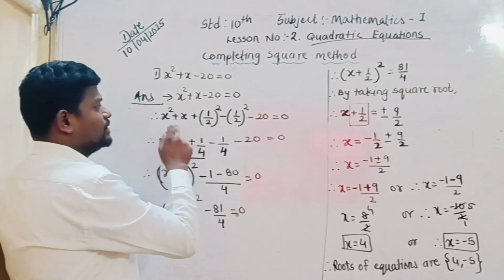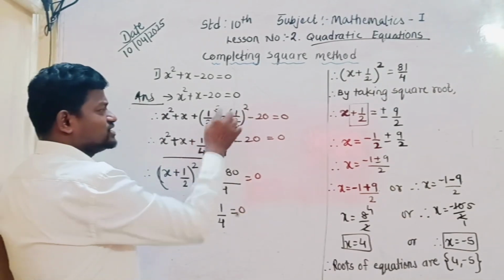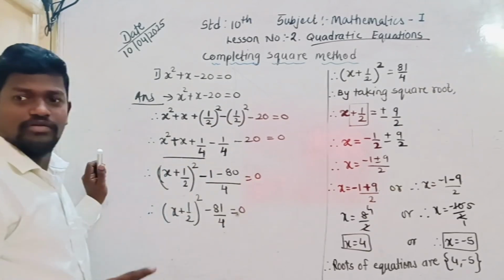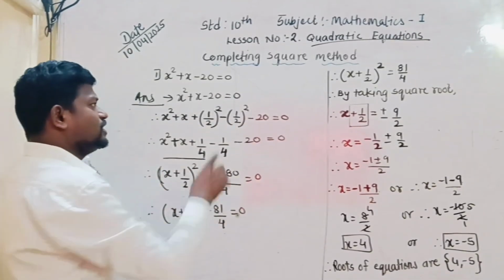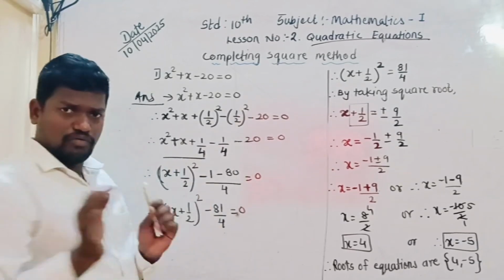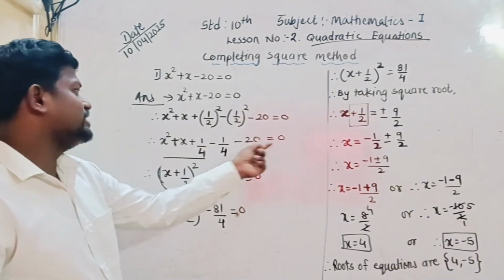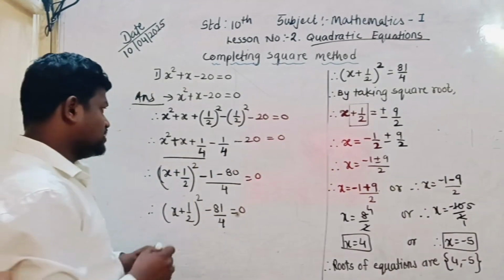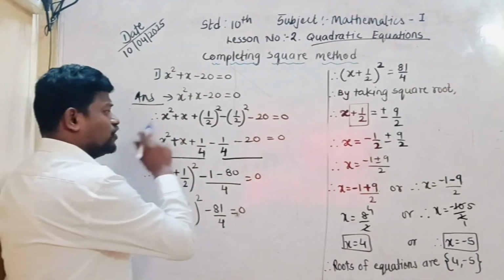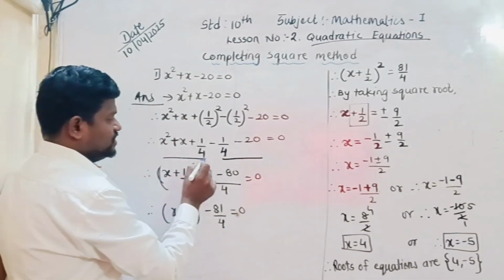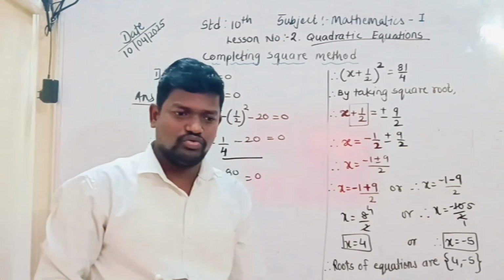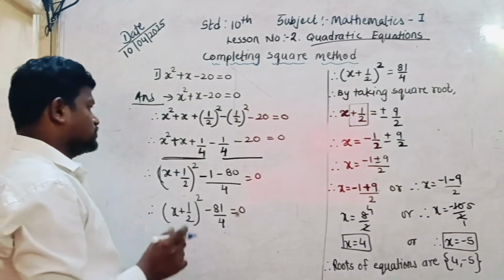So x square plus x, 1 the square is 1, 2 the square is 4. Minus sign, 1 the square 1, 2 the square 4, minus 20 equal to 0. Then we have to separate the numbers. So we underline the first 3 numbers and then the remaining 2 numbers.